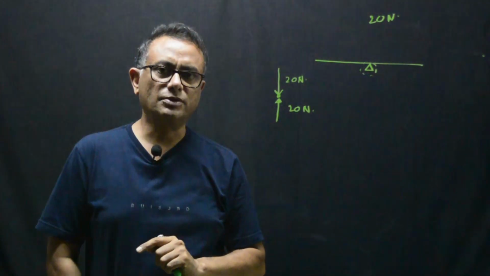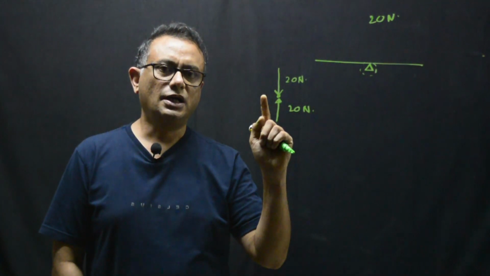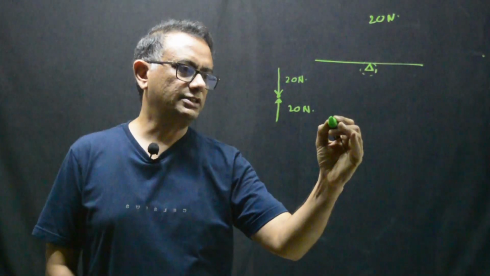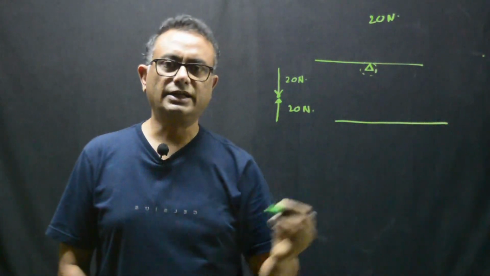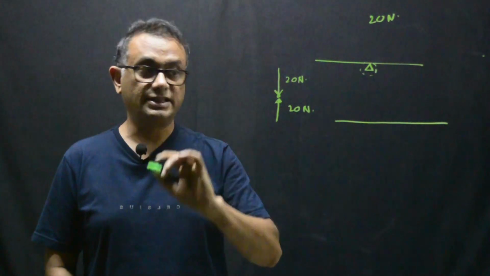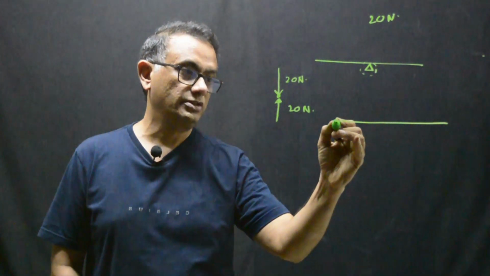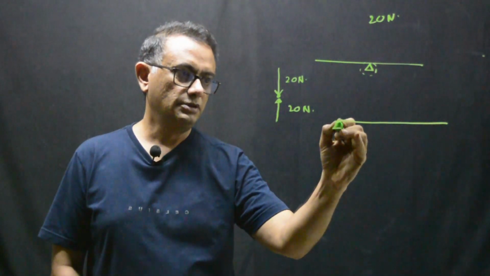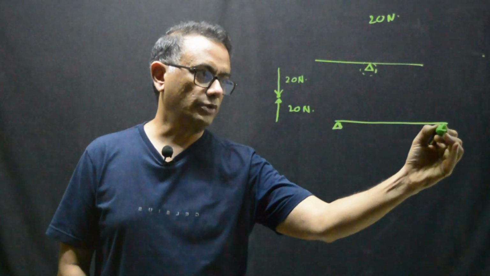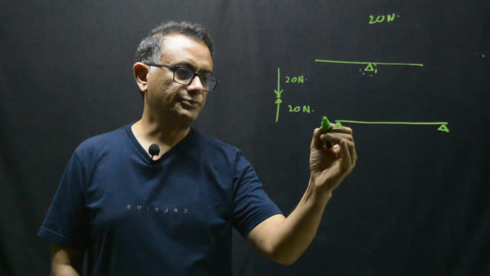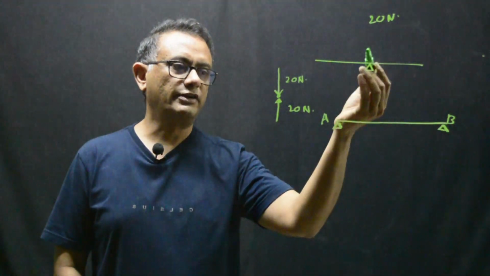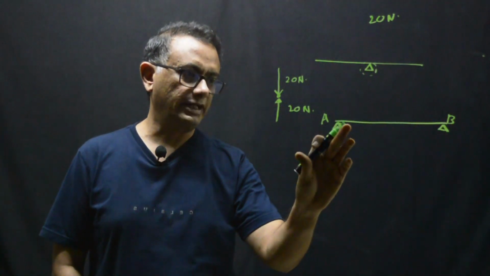So the problems that involve reaction will be of this nature. They will say that this is a beam and it is simply supported at its edges. Simply supported means there is some support out here, and yet another support out here. We can call these points A and B, and like here we had only one reaction, here we may have multiple reactions, right?